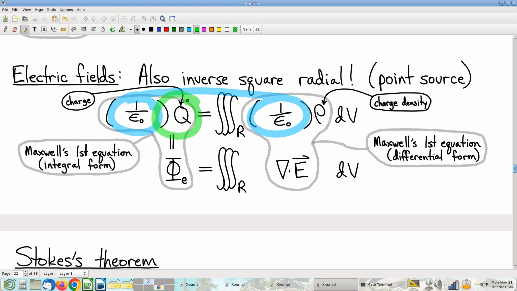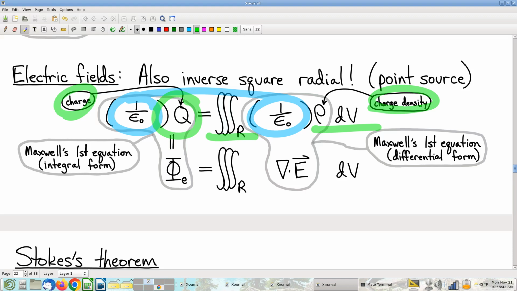But charge is an integral of charge density, right? We haven't talked about charge, and we haven't talked about charge density previously, but in general, any quantity is an integral of its associated density. Okay?